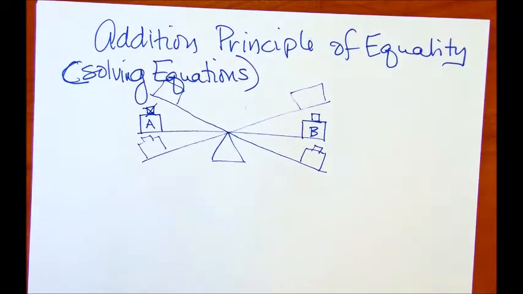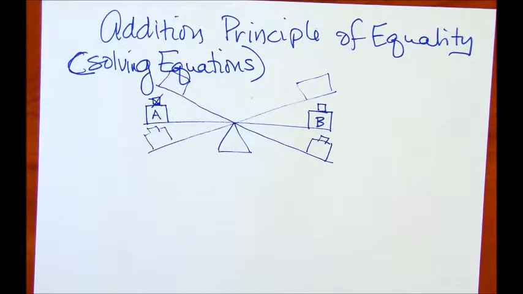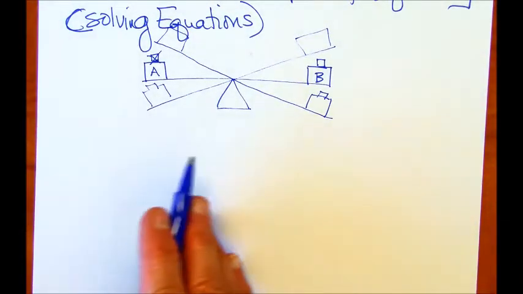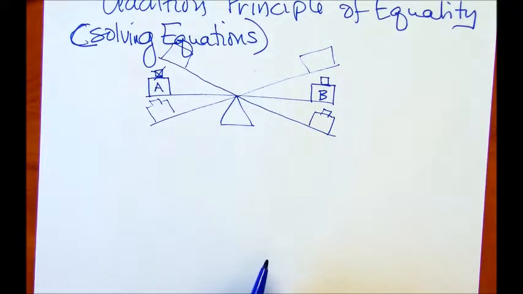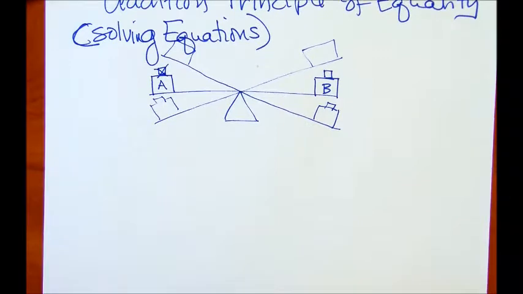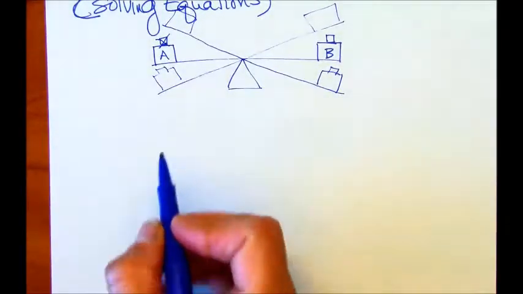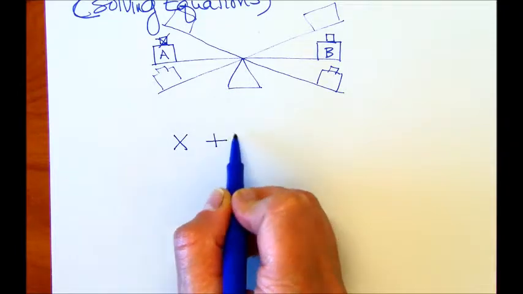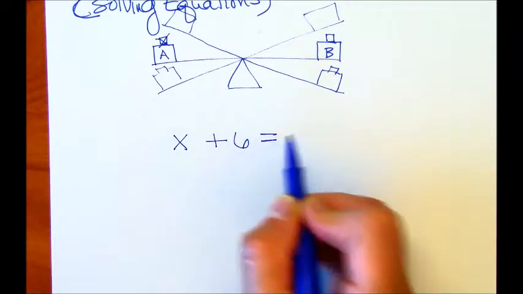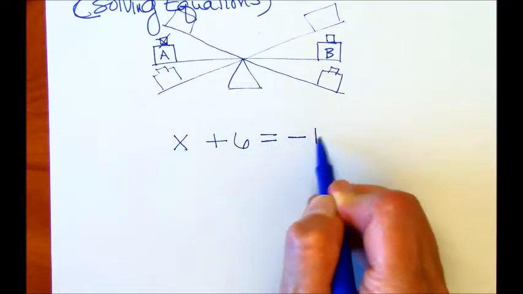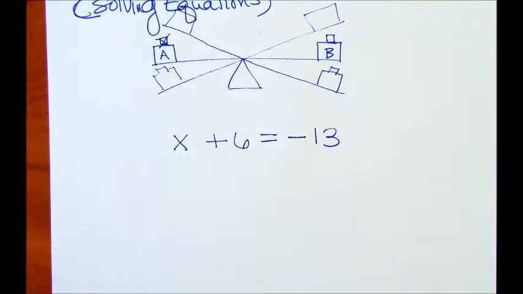Okay, so let's play around with some number equations instead of drawing pictures here, although I think that's a decent model to get you thinking about what we're doing. Let's start off with an easy one. Let's say we have x, and we're going to add 6 to that, and this is going to be equivalent to negative 13.